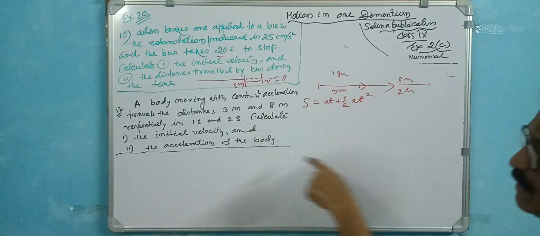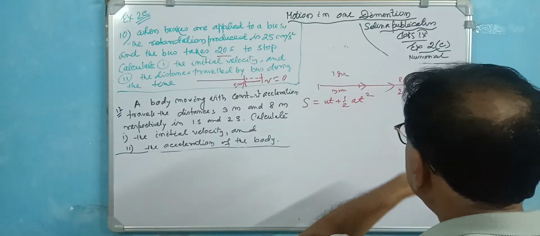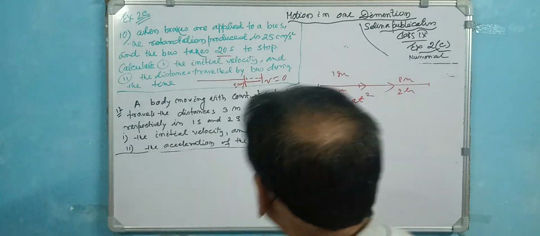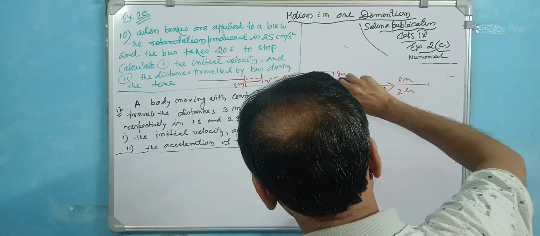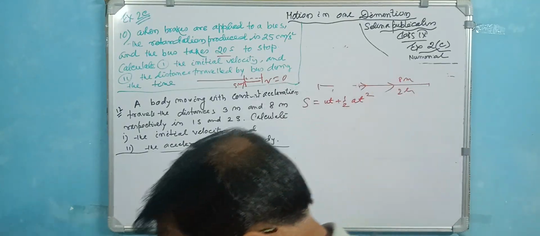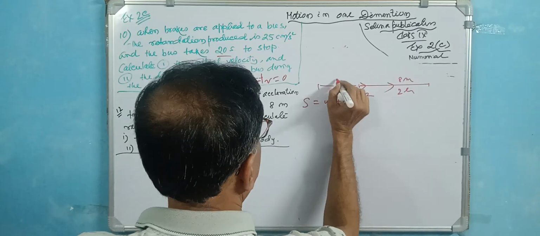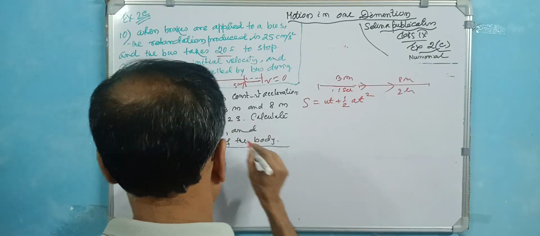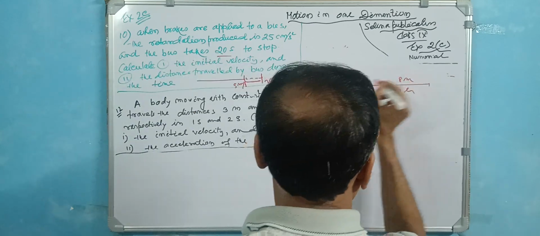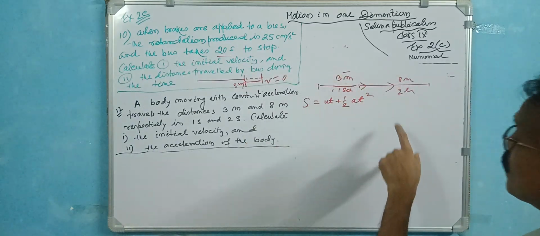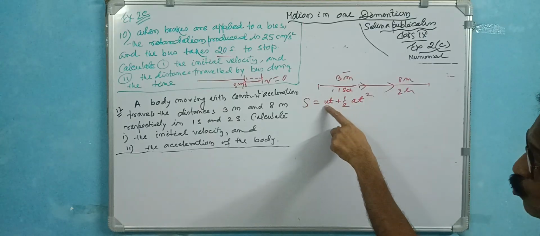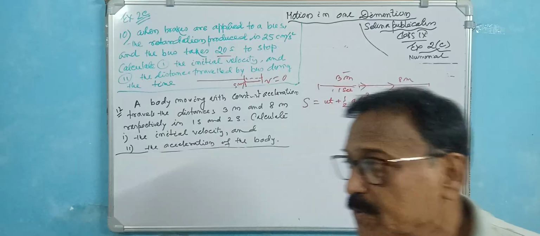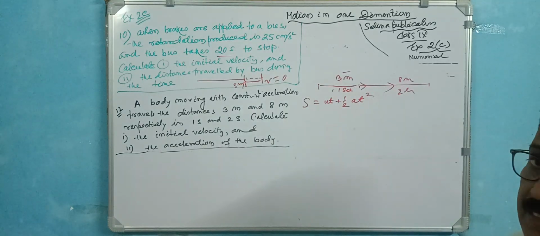This is the 3 meter and this is the 8 meter, and in 1 second and 2 seconds. So distance is given and the time is given. From there, two unknowns u and a you calculate. The two equations are responsible for that, in case of the algebraic solve, you know.